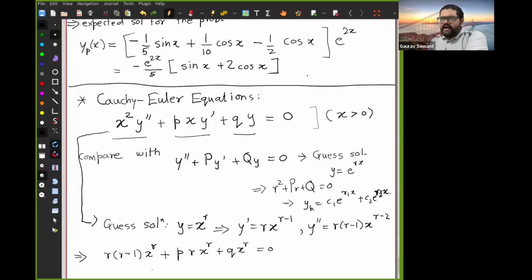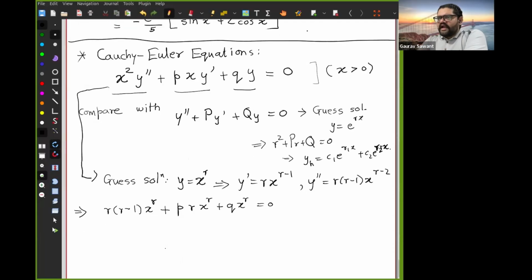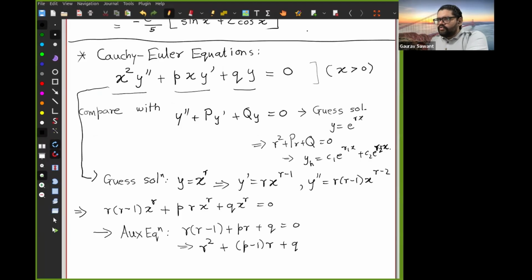So you can actually divide throughout by x power r, and then you get the form for auxiliary equation as r into r minus 1 plus pr plus q equal to 0, which is r square plus p minus 1 r plus q equal to 0.